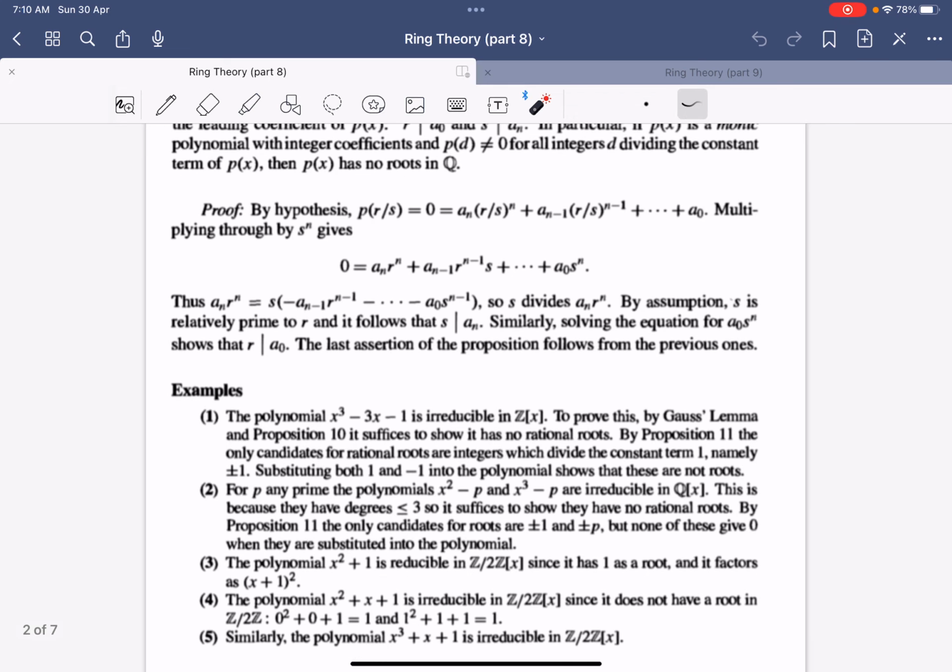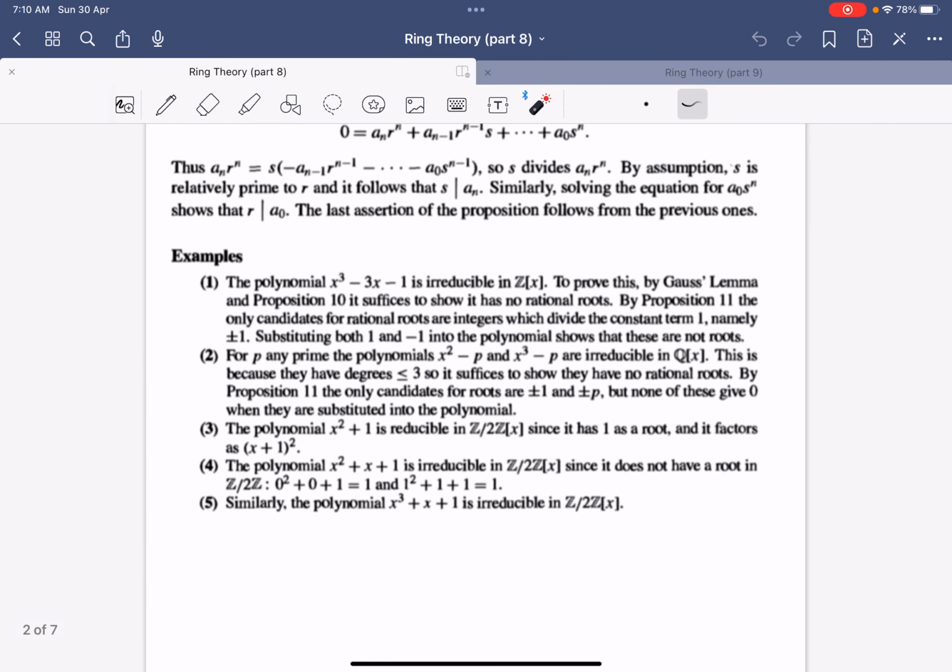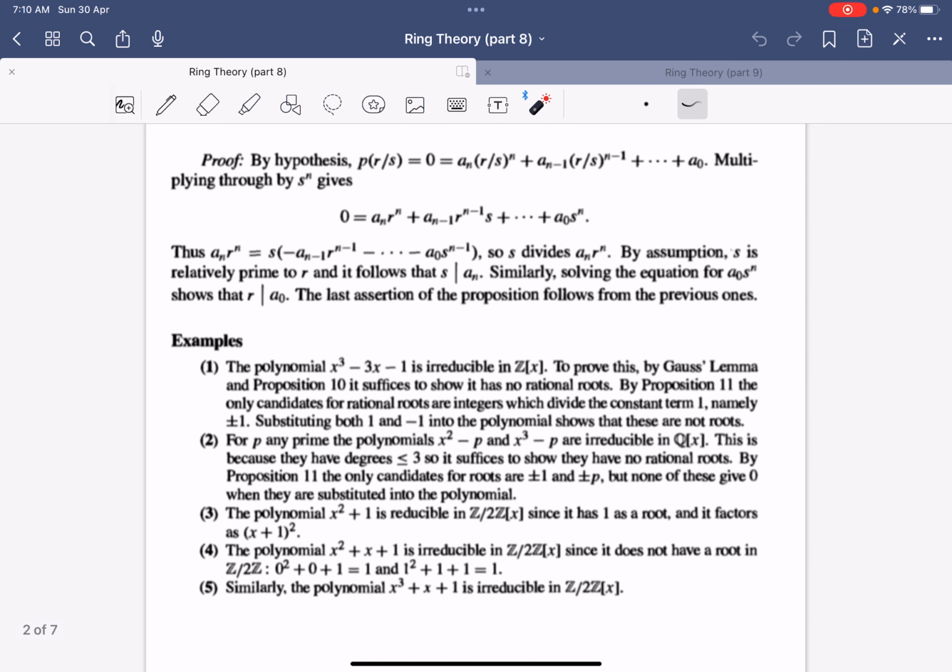So some examples: the polynomial x cubed minus 3x minus 1 is irreducible in the integers. And you can just show this by showing that there are no rational roots. By proposition 11, the only candidates for rational roots are integers that divide the constant term 1.